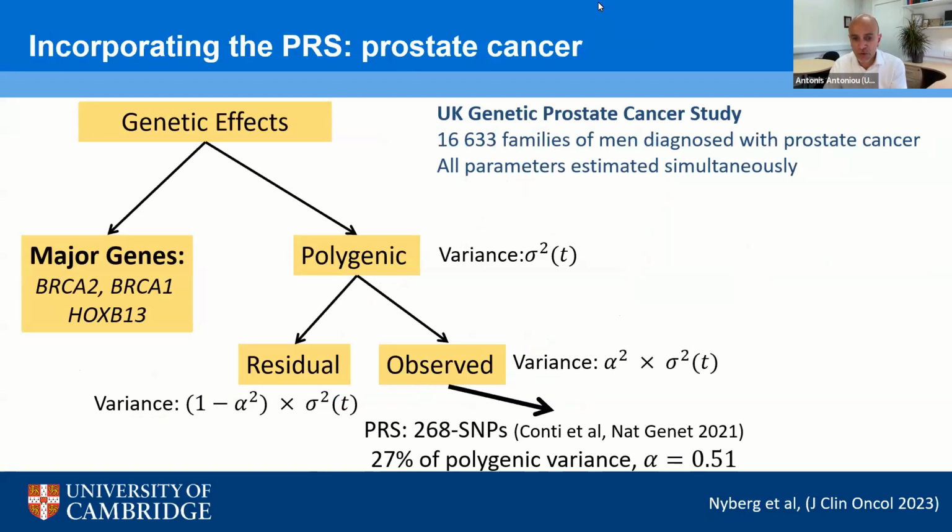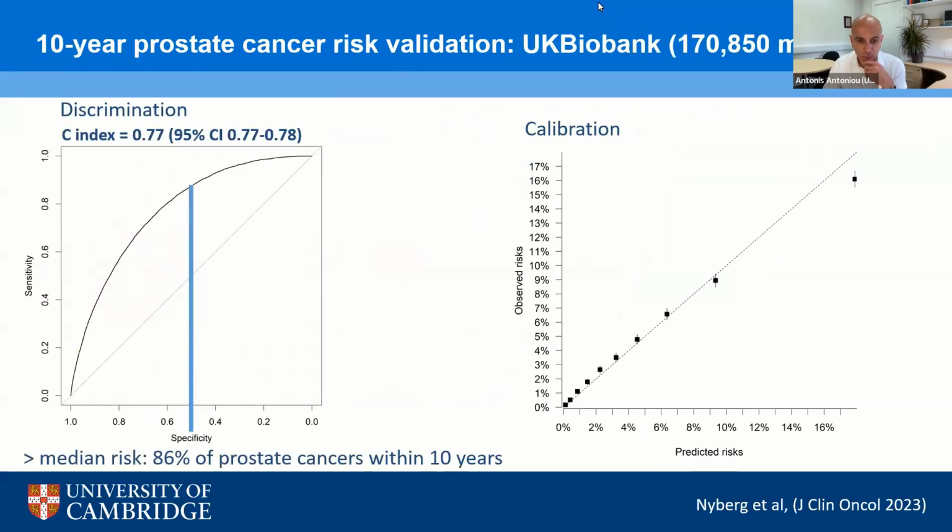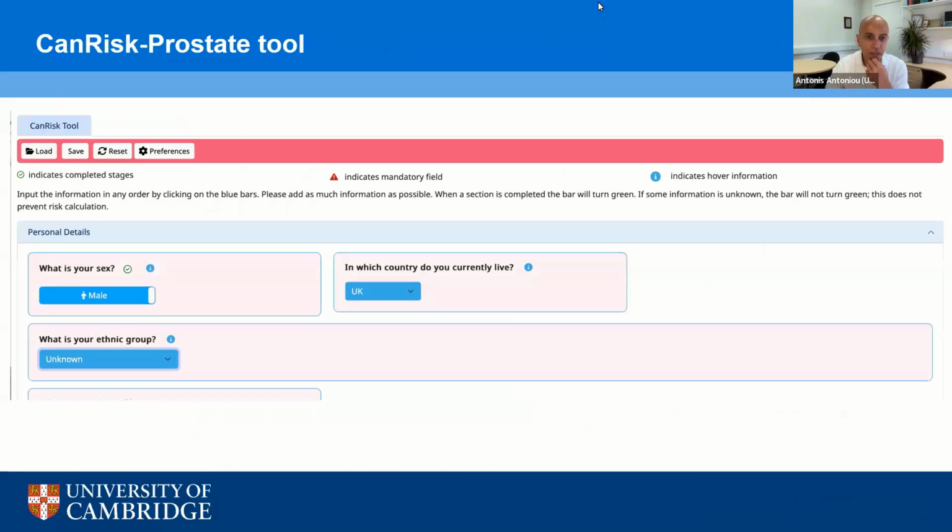It includes the latest polygenic score that was published in the literature that accounts for about 27% of the familial prostate cancer polygenic component. And then briefly to say that this model has been externally validated in UK Biobank in around 170,000 men, showing good discriminative ability with a C-index of around 77% and good calibration, where the observed risks were in line with the predicted risks in different risk categories.